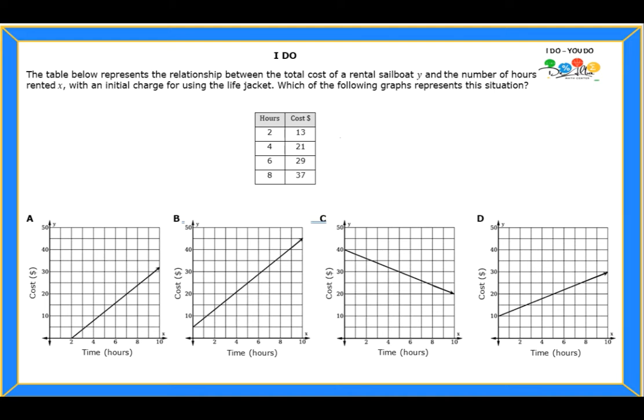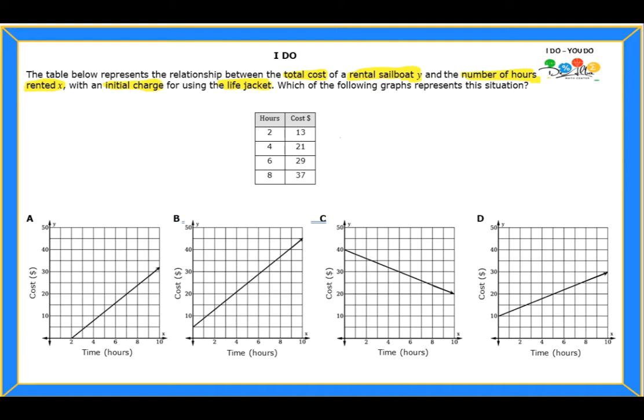So, what are they talking about? Well, they're talking about the total cost for renting a sailboat, which is going to be your Y values, and the number of hours that you are going to rent it, and that will be your X. Okay. There's also an initial charge for using the life jacket.